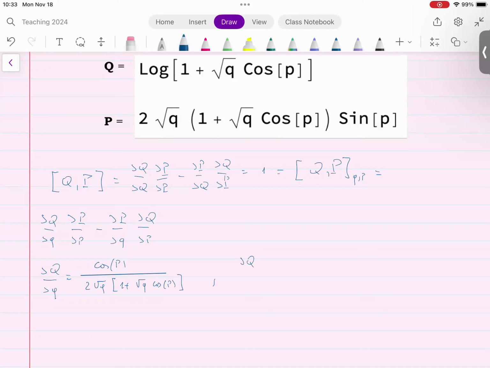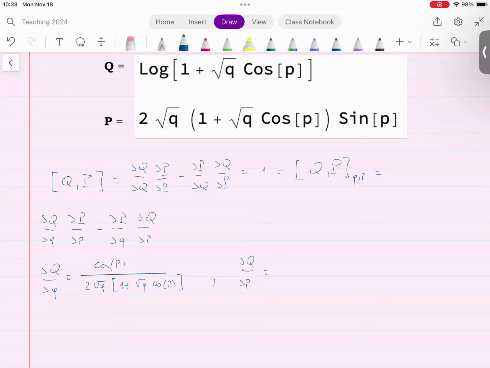Since I'm here, let me do the derivative. So we're looking at Q. Let's do the derivative of Q with respect to p. This one, same thing. We need the derivative of the log. That's going to give me the same function in the denominator.